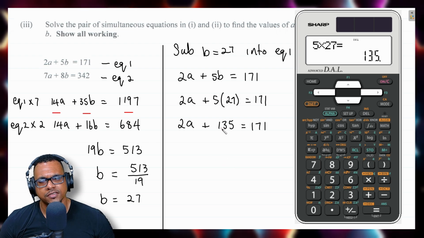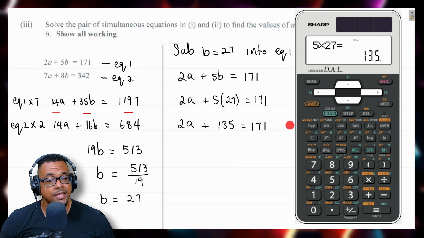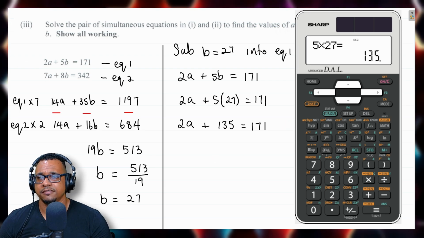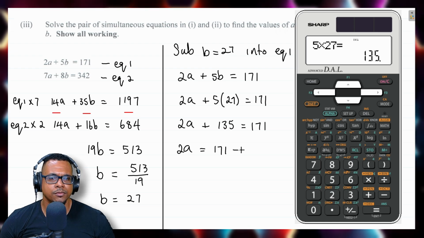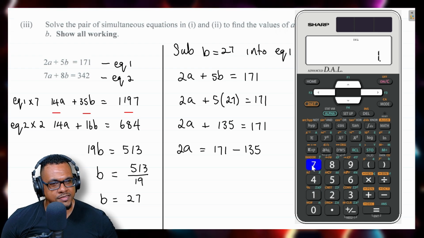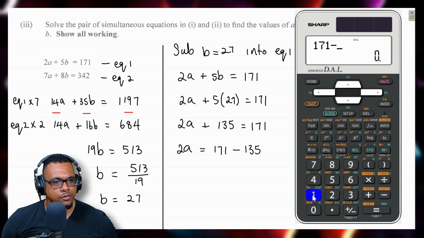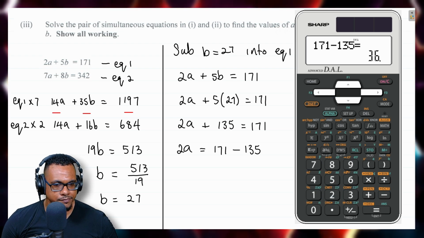So now we just transfer this positive 135 across the equal sign, and it turns to negative 135. So we have 2A is equal to 171 take away 135. So 171 take away 135 is equal to 36.